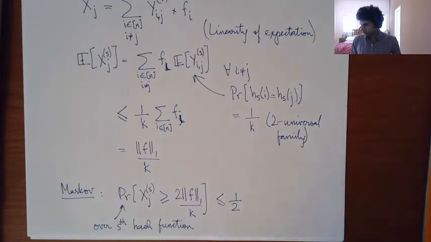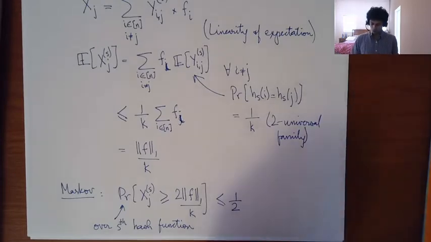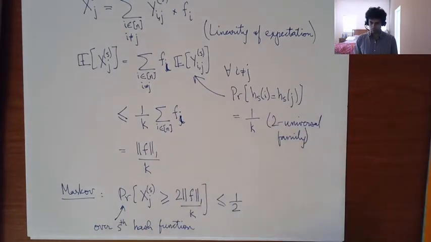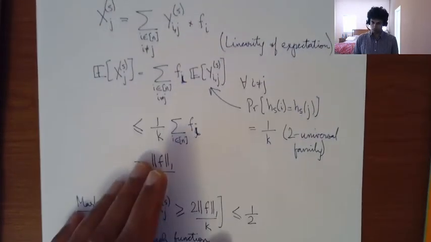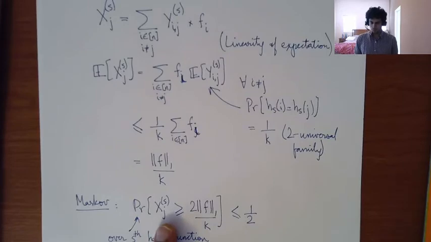Okay. So I'll continue. So by Markov we have this guarantee. So this is the overestimate for the sth hash function.